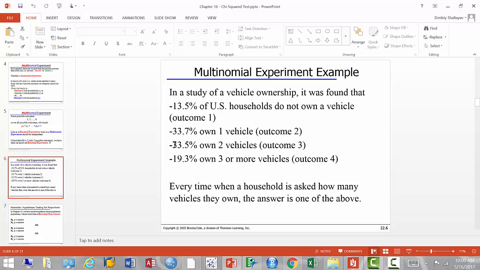So 2 cars are required. About the same as 1 car, and only 19.3% of all families have 3 cars or more. Then these percentages can be treated or considered as probabilities, that you pick up a random person on the street, ask them how many cars you guys have in the family, and they give you one of these responses, right?